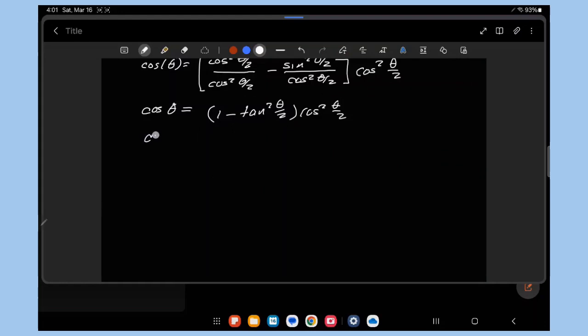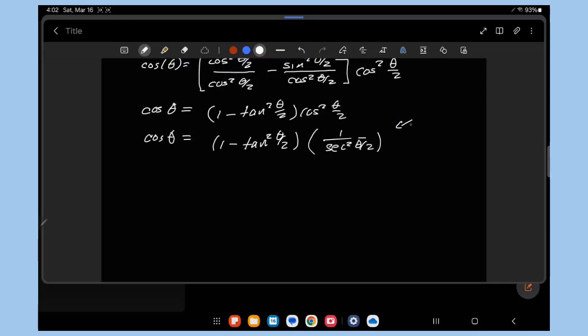And so the cosine of theta is equal to 1 minus the tangent squared of theta over 2. And the cosine squared theta over 2 term we can write as 1 over the secant squared of theta over 2.